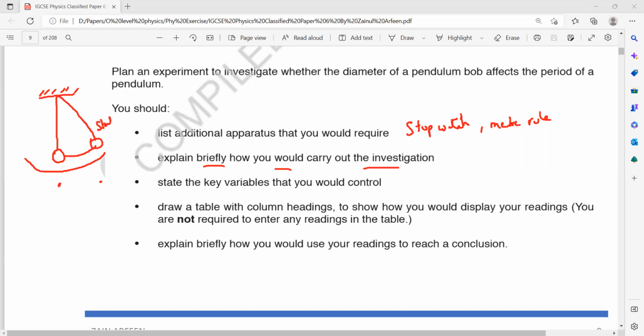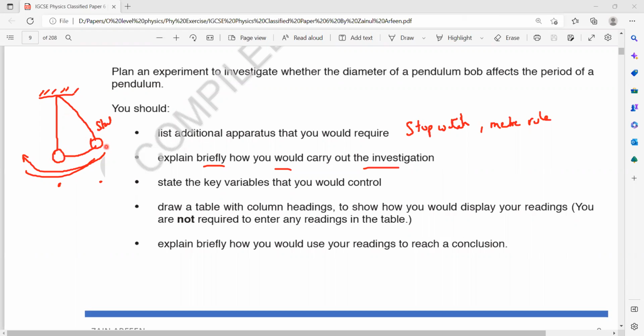And we record the time, not for one oscillation. Fiducial marks for the mean and extreme position are the same thing. Then we record the time for 20 oscillations or 10 oscillations. Why not for one? Because one won't be that accurate.